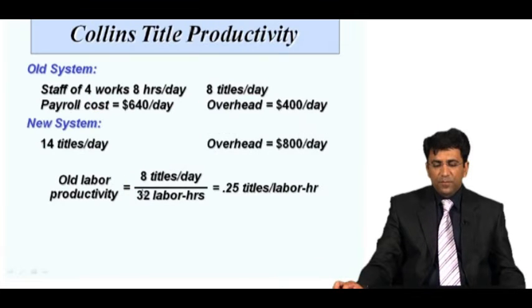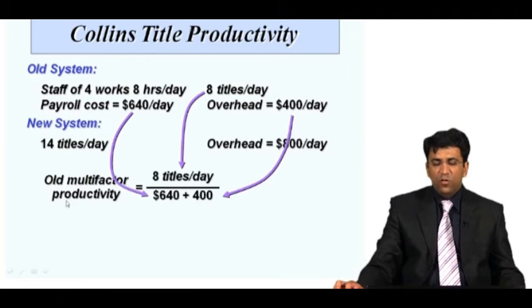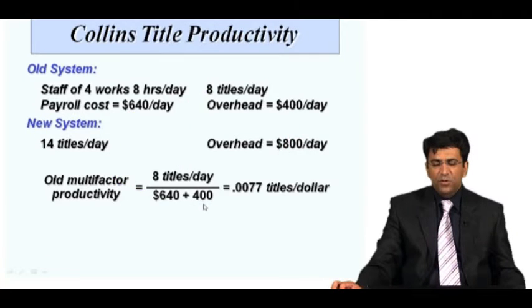So if we put this particular information in this example, in order to calculate the old multi-factor productivity, the output for the old system is 8 titles per day divided by overhead expense plus payroll expense. It will be equal to $640 plus $400, and it will be equal to 0.0077 titles per dollar.